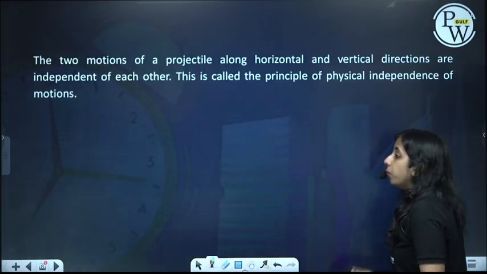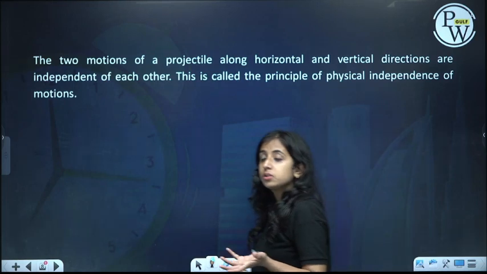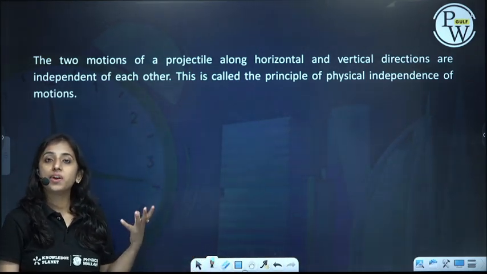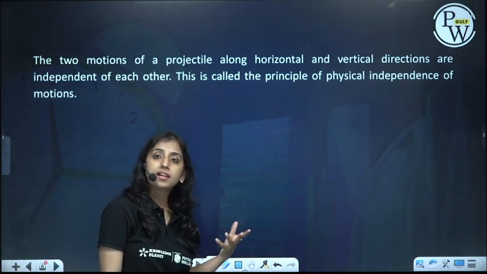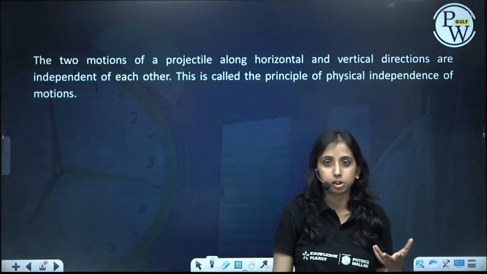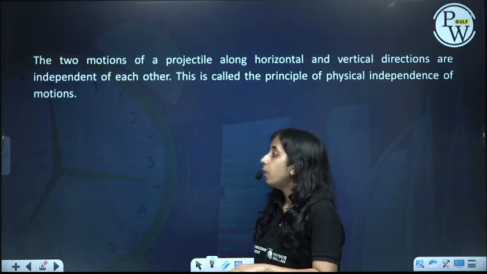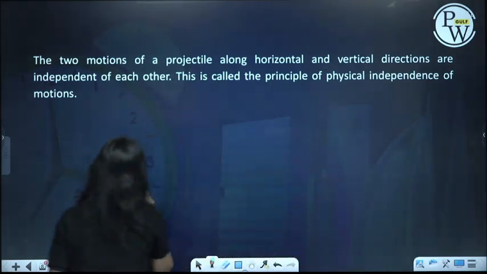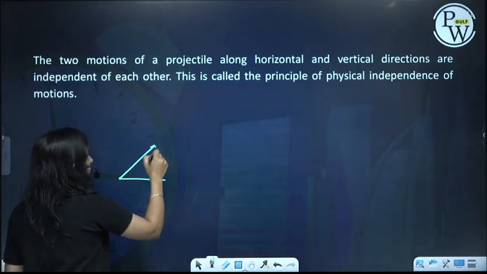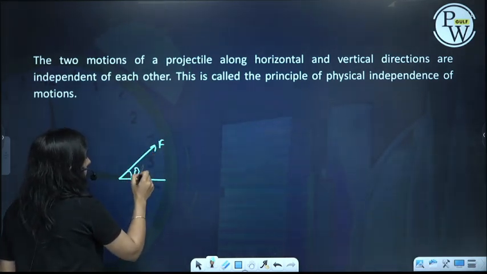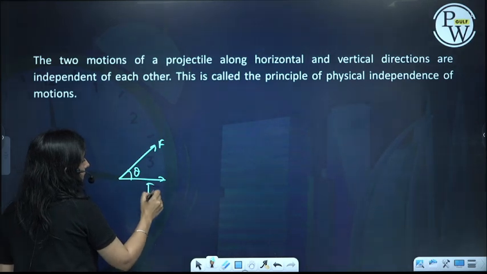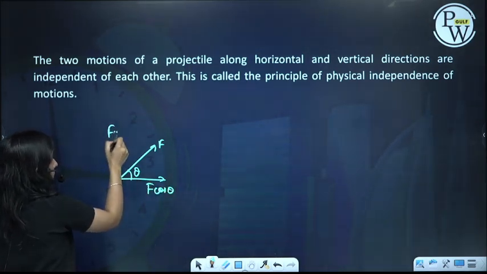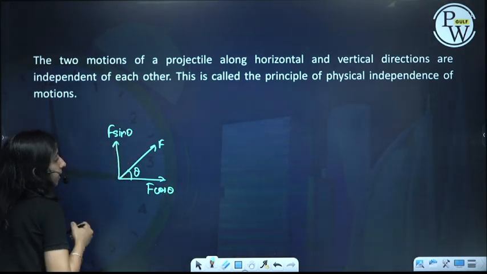Now, when we study motion in two dimensions, we have already studied motion in one dimension, and we saw that it is much easier to study motion in a single dimension rather than in two. So what we did is, we divided our motion into two directions. We know that if a force F is acting like this, the component of force in this direction will be F cos theta, and the component in this direction will be F sin theta.